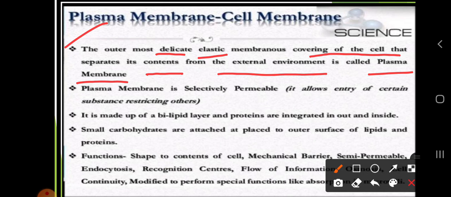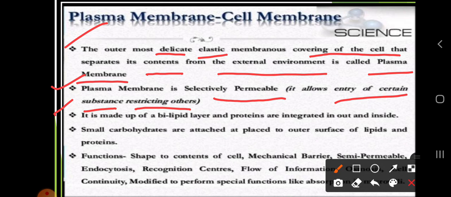It is present in our cell. This plasma membrane is selectively permeable because it allows entry of certain substances and restricts others. So it gives permission whether they are capable of entering the body or not. That's why it is called a selectively permeable membrane.